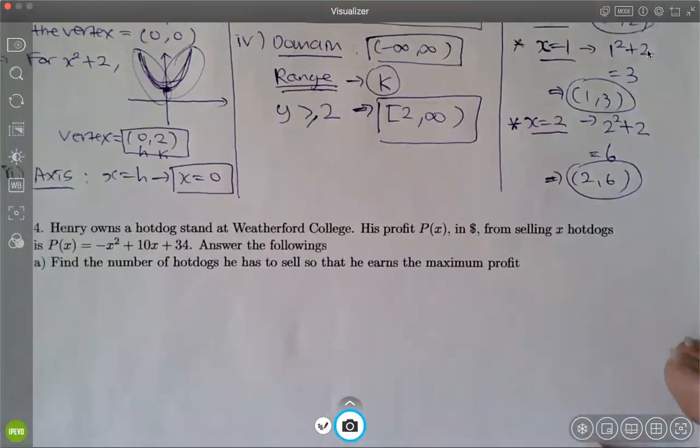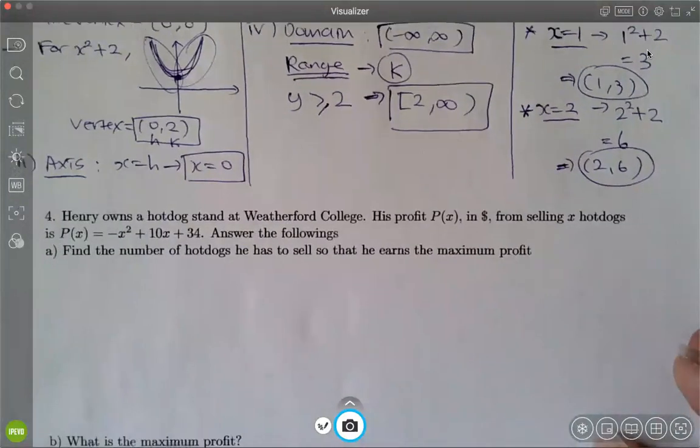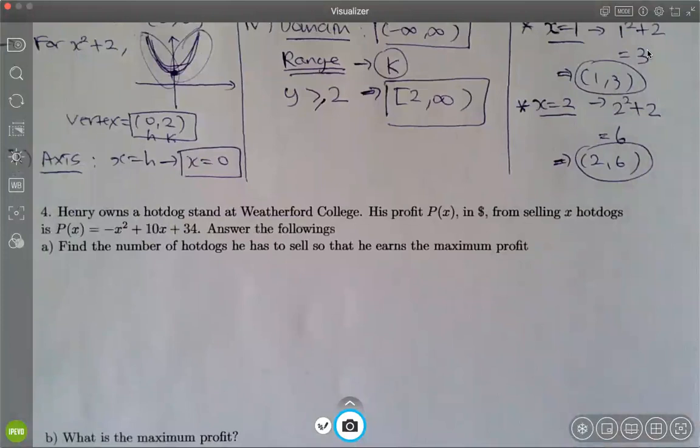His profit P(x) in dollars from selling x hot dogs is given by -x squared plus 10x plus 34. Answer the following. Find the number of hot dogs he has to sell so that he earns the maximum profit.